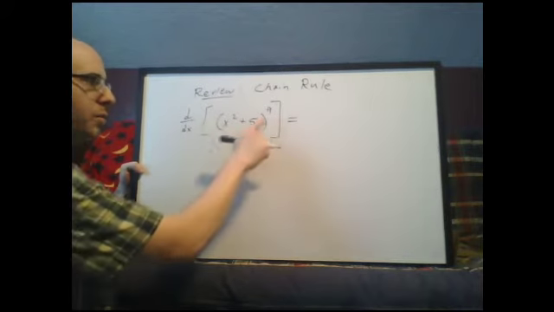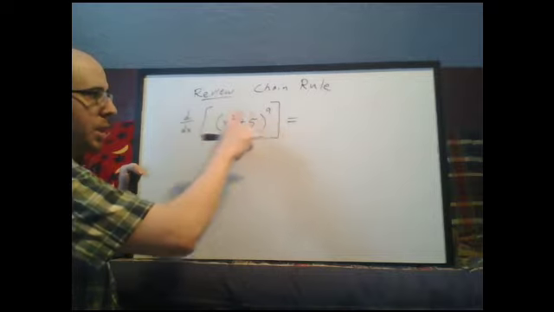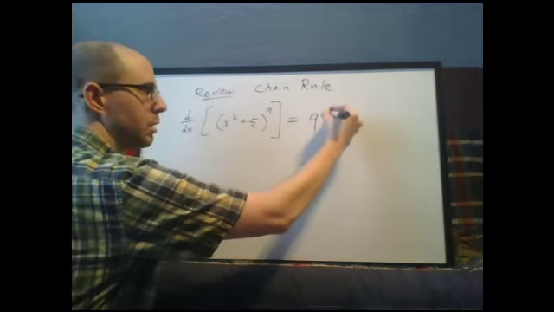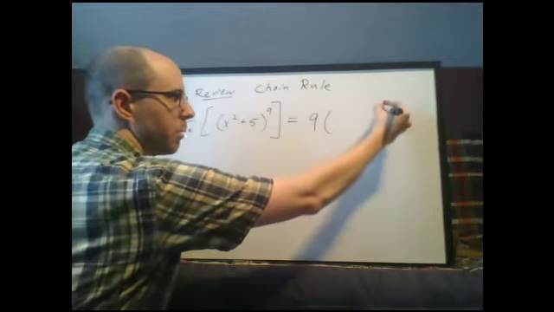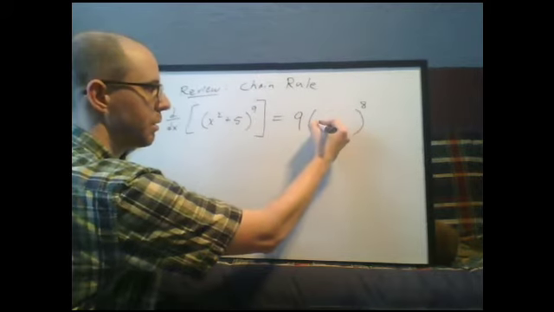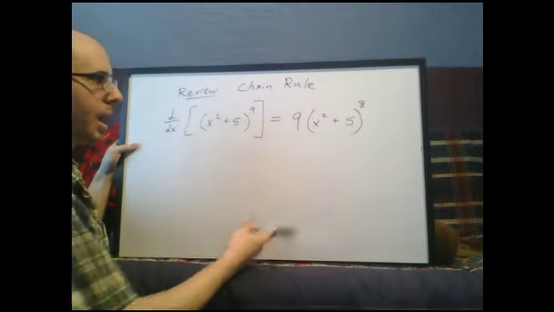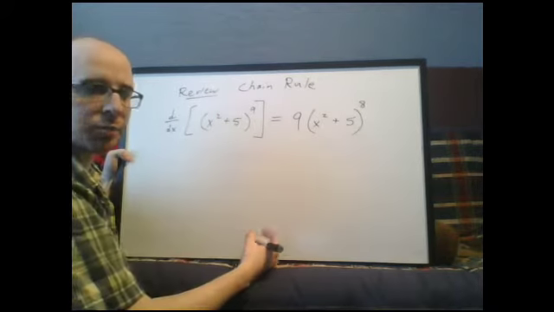I'm taking the derivative. I have an outside function of the 9th power, so we bring that 9 down first and decrease the exponent by 1 to get an 8 up there. The inside stays the same. And then I have to multiply by the inside's derivative, which is 2x.